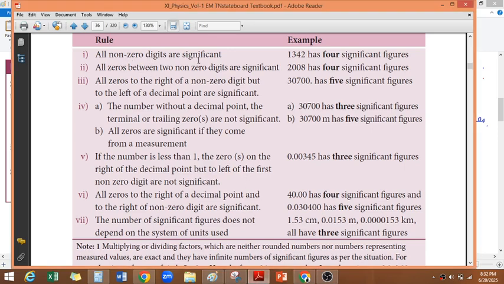All non-zero digits are significant. All zeros between two non-zero digits are significant. So 2008 means 4 significant figures. All zeros to the right of a non-zero digit but to the left of a decimal point are significant.